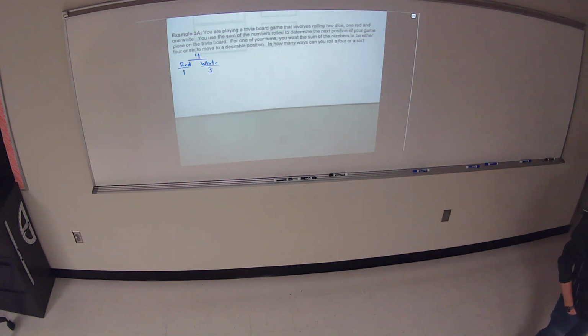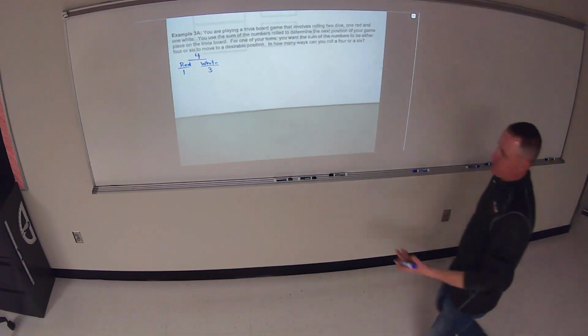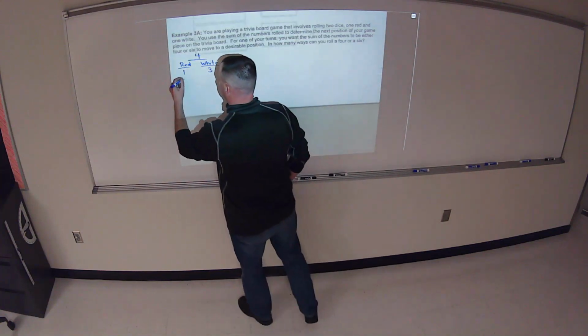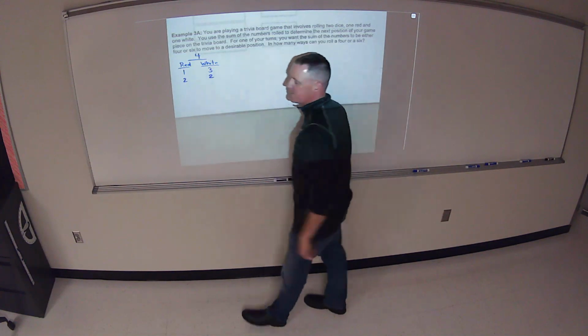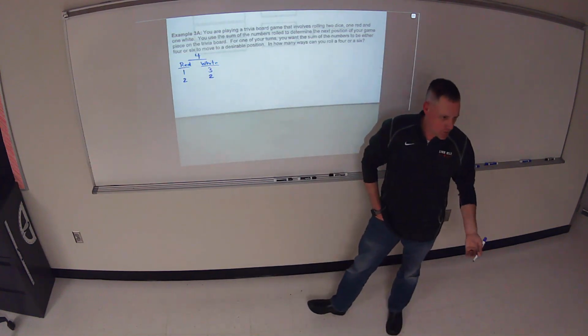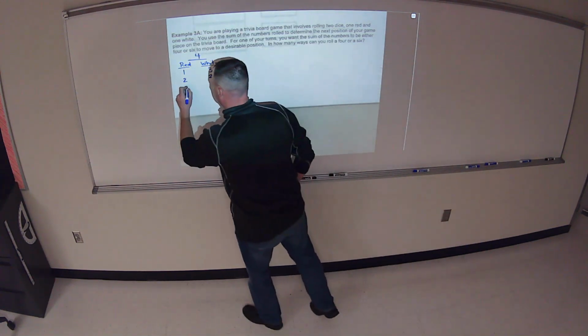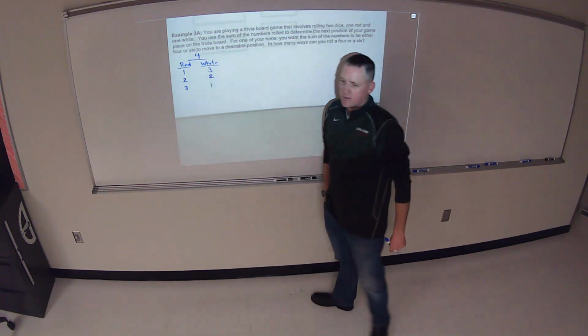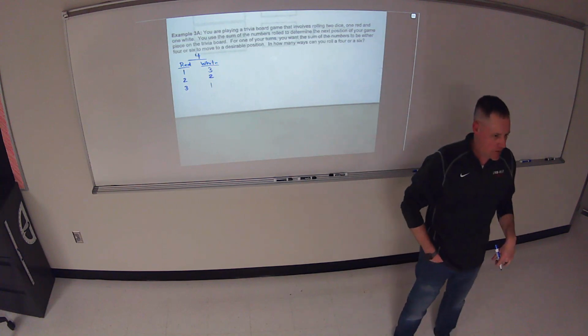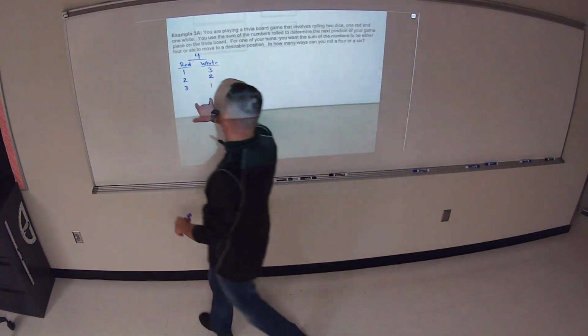The next option, of course, is that on the red one I could roll a 2, which tells me that on the white one I'd have to roll a 2. Or the other option would be on the first die that I roll a 3, and on the second one I roll a 1. Now, this is where the colors help, because some people will say, but Mr. Tompkins, you already listed 1 and 3.